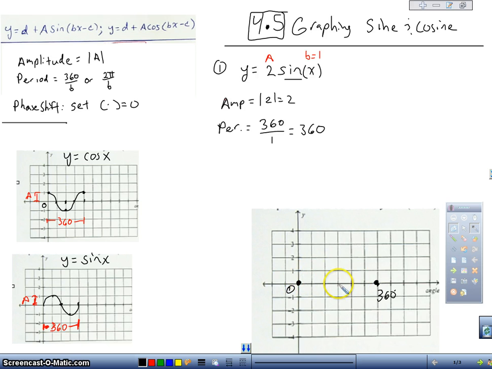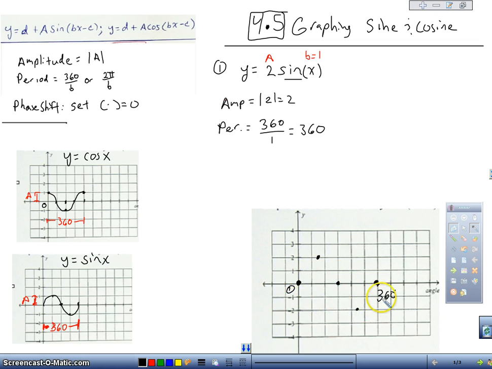Now the middle of the wave is right here, and when I do the graph of sine, it'll have to be one mountain followed by one valley, as we can see in this normal graph of sine. Now the difference between this problem and the normal graph is that in this example that has an amplitude of 2, the mountain is going to reach all the way to 2 up here, and the valley is going to reach all the way to -2 down here.